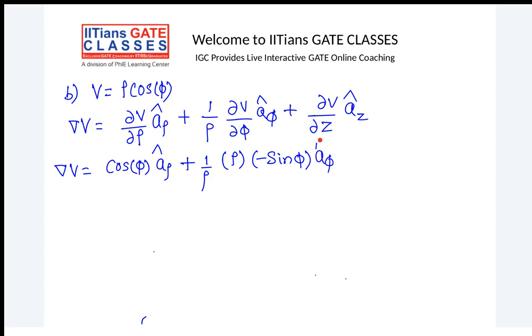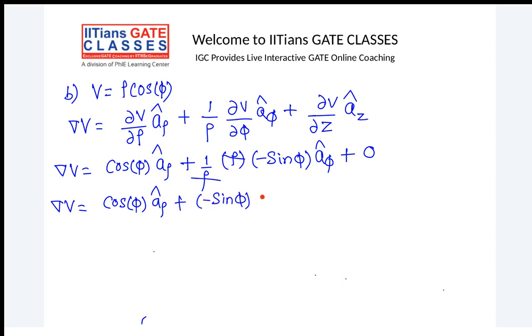Since there is no z term in V, the differentiation is straight away 0. So the gradient you are getting is cos φ a_ρ, where ρ gets cancelled one time, plus minus sin φ a_φ.